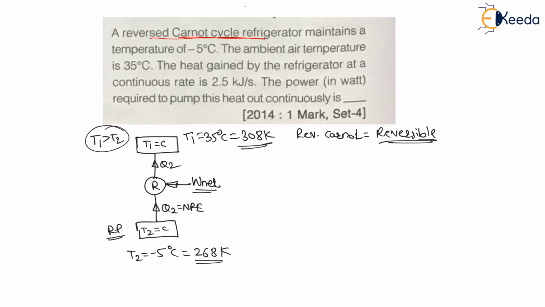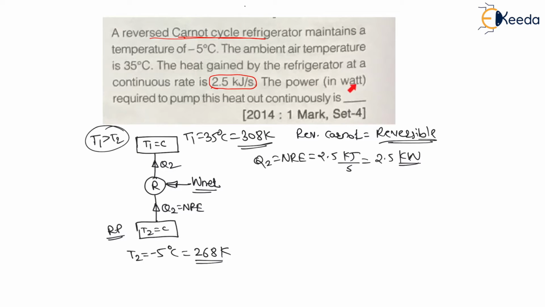Then the heat gained by the refrigerator at a continuous rate is 2.5 kilojoule per second. Heat gained by the refrigerator is nothing but Q2, which is the heat extracted from the refrigerated space. That means they are giving the data for the net refrigerating effect as 2.5 kilojoule per second. Therefore Q2, which is called the net refrigerating effect, is 2.5 kilojoule per second, which is also called 2.5 kilowatt.